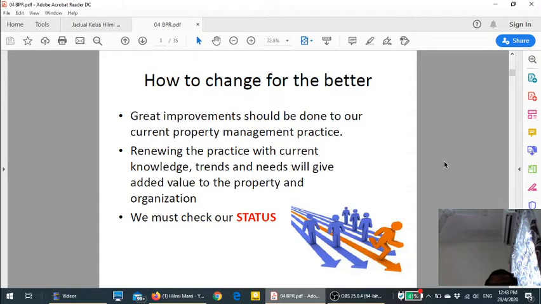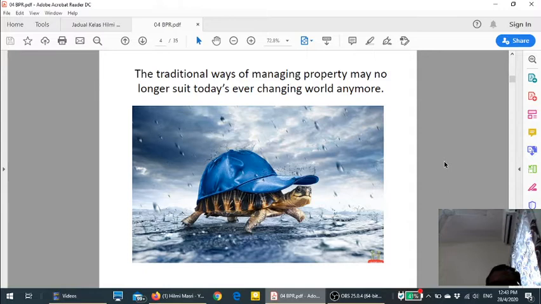We are trying to find the best ways, the problems and the weaknesses, so we can find the best solution to improve, especially in the profession of property management. Traditional ways of managing property may no longer suit today's ever-changing world.